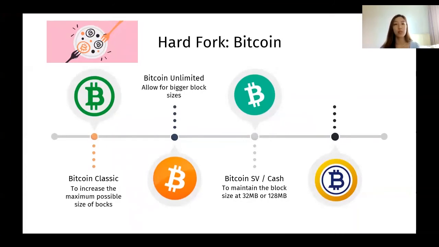The network split was mainly due to a disagreement in how to increase the transactions per second to accommodate for demand. And lastly, there's Bitcoin Gold. This fork was implemented in the hope that mining on graphics cards will make mining more accessible for normal people. You can take note that a hard fork can actually occur in any blockchain. It's not just a Bitcoin thing.